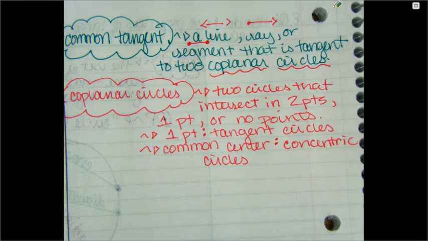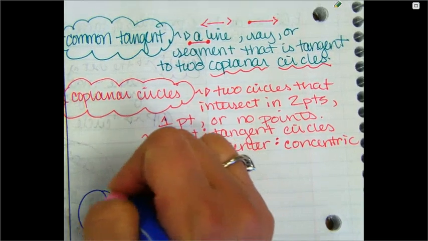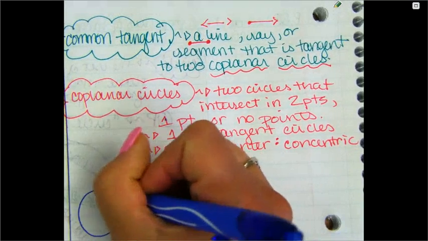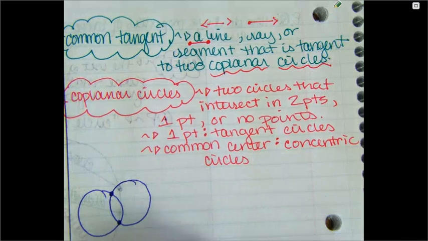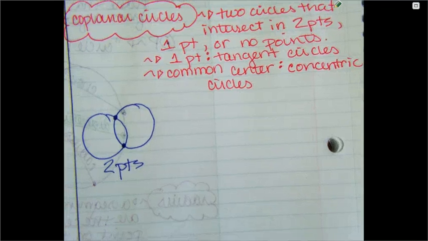So let's draw a picture. We're going to do 2 points. 2 points looks like what kind of diagram? A Venn diagram. There's your 2 points. 1 point can look 2 different ways.